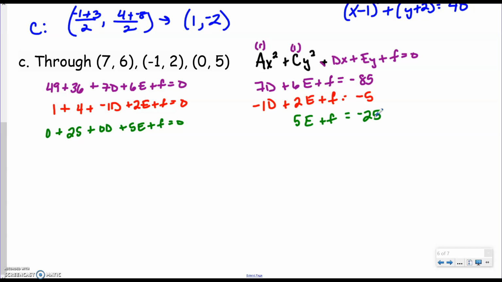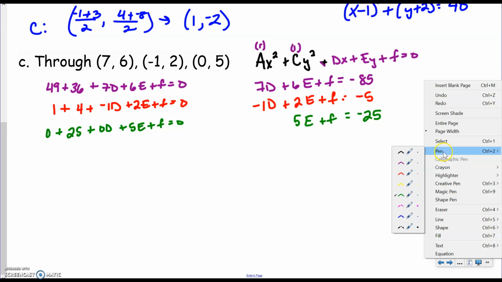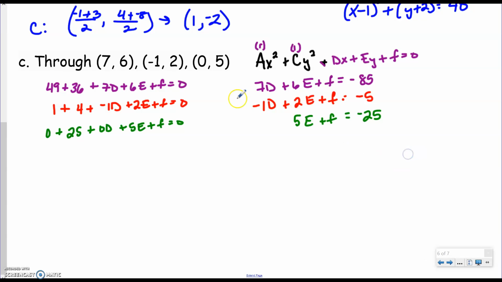Okay. So what we need to do is come up with a 2x2 system that will help us solve this. Since that third equation is already down to just e and f, I'm going to use the first 2 equations to eliminate my d. To do that, all I need to do is multiply that second equation by 7 and add the 2 together so that my d's cancel. So my first equation stays 7d plus 6e plus f equals -85.